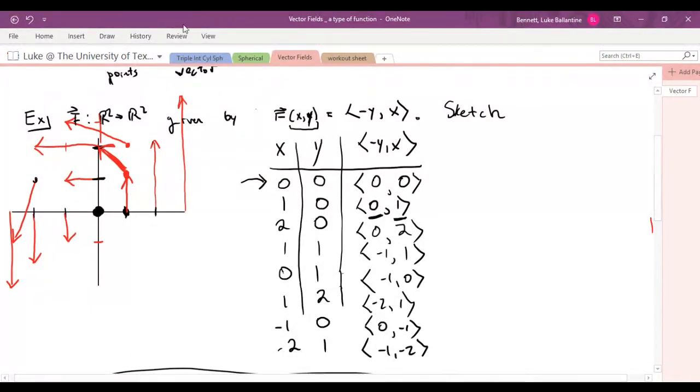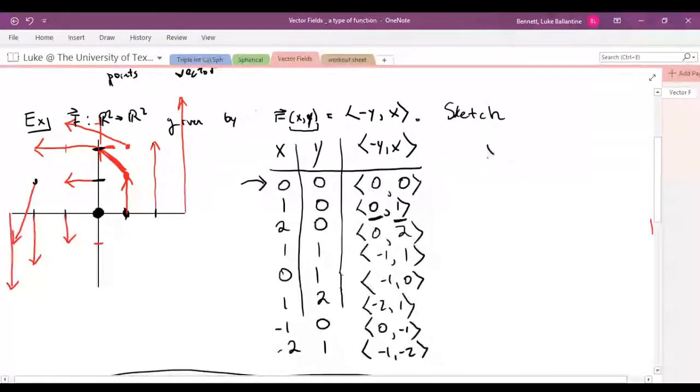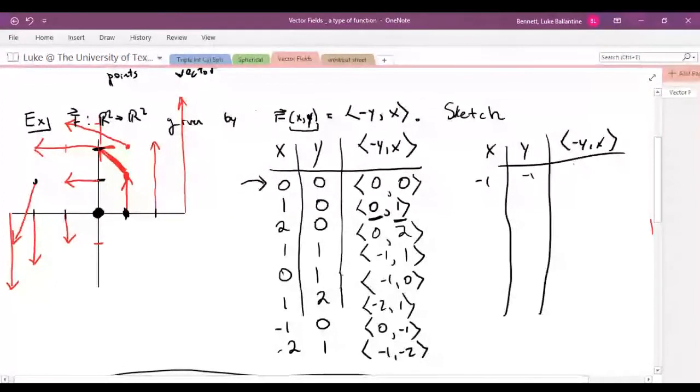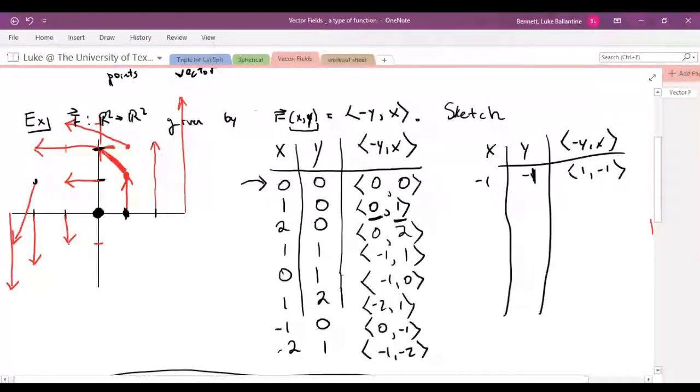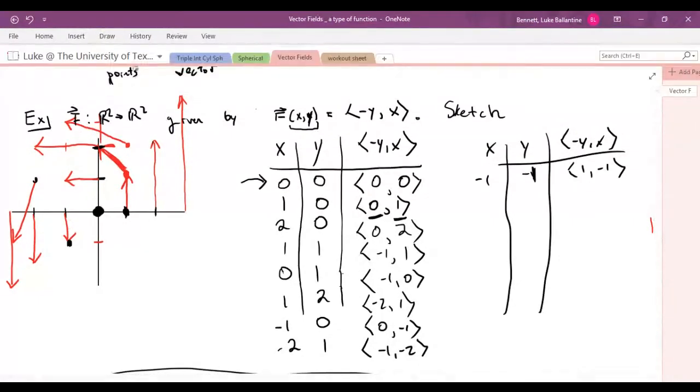And then let's do some in the third and the fourth quadrants. Let's plot -1, -1. Get a good picture of this. If you do -1, -1, you get +1, -1, because y flips sign, x keeps sign, and then they switch positions. So at -1, -1, right here, x goes +1, y goes -1.